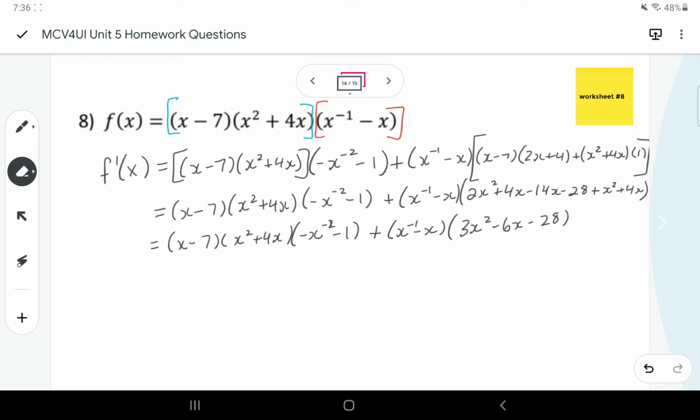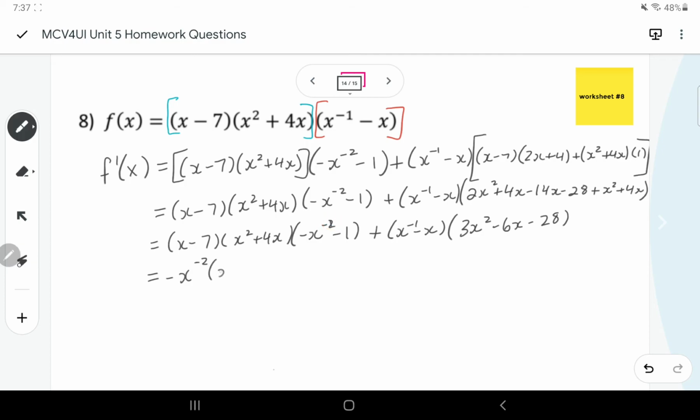The one thing that I maybe don't like is those negative exponents in here, like there and there. So that I might actually factor out. So from this one, I'm going to factor out negative x to the negative 2. So that, again, is my lowest exponent of x.